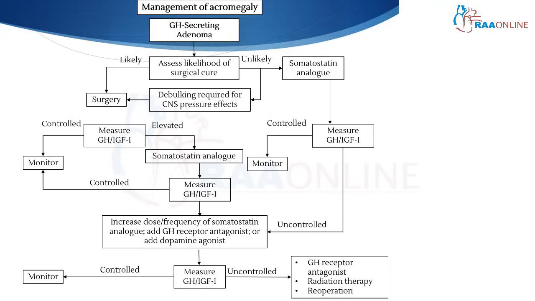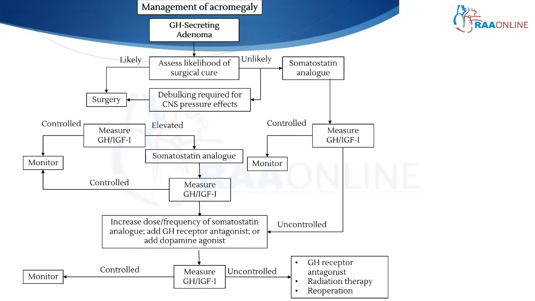So, if surgery is not an option, if surgical cure is unlikely, then you straight away start the patient on somatostatin analog, measure the IGF-1 and the response, increase the dose and add on pegvisomant, still no response, add on dopamine agonist.